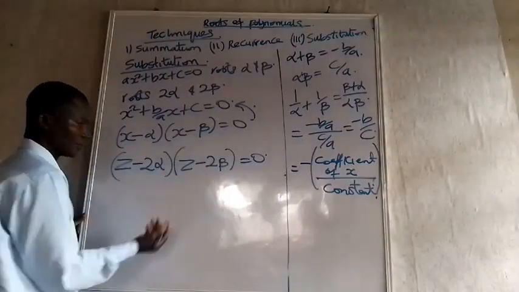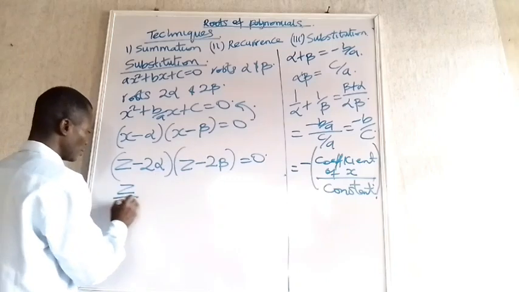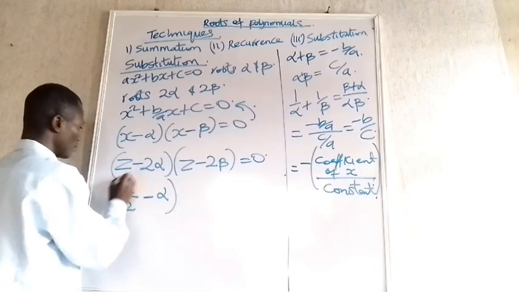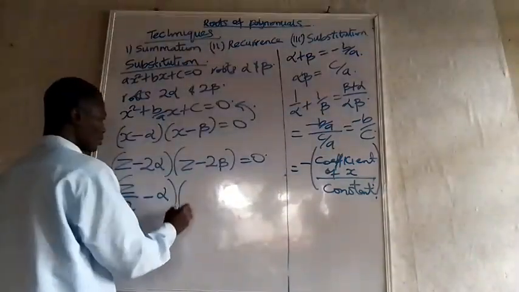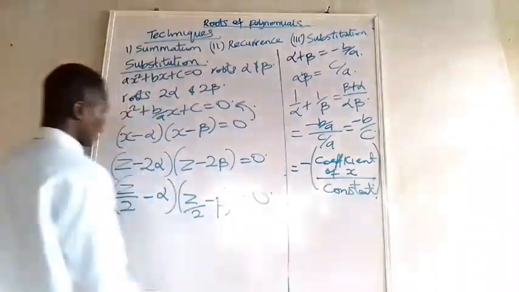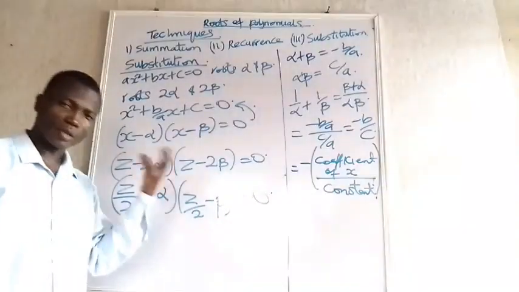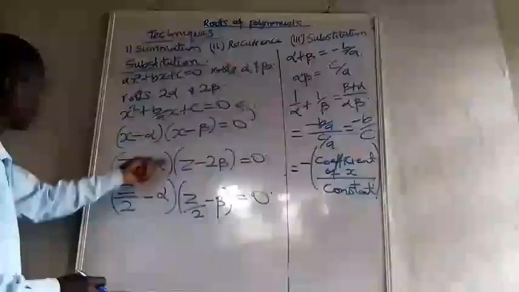Let's say I divide through this one by 2, this one by 2. I'm going to have z over 2 minus alpha into z over 2 minus beta. By the time I expand this, and by the time I expand this, you will see it's going to give me the same result. Let's do it for the first one.